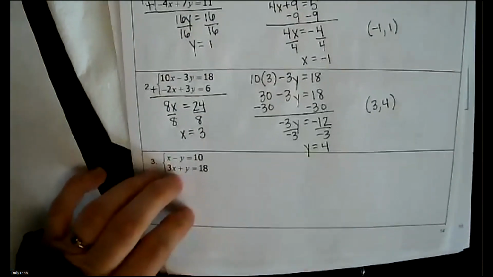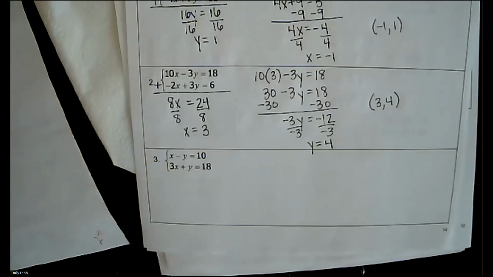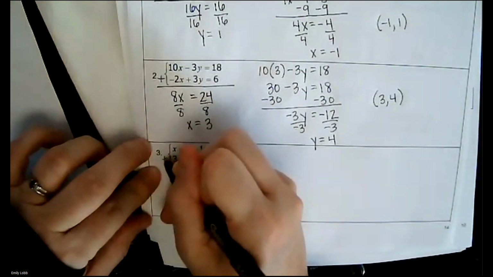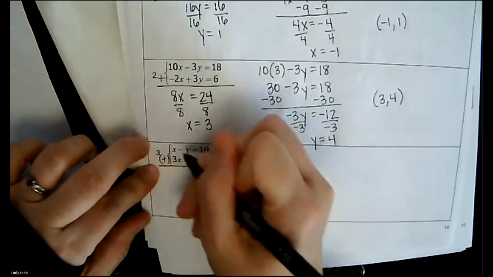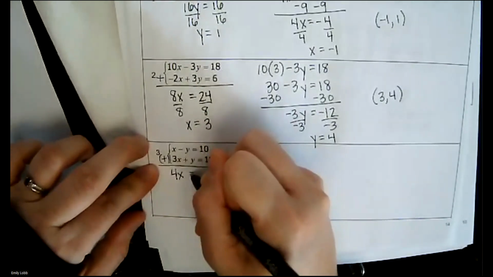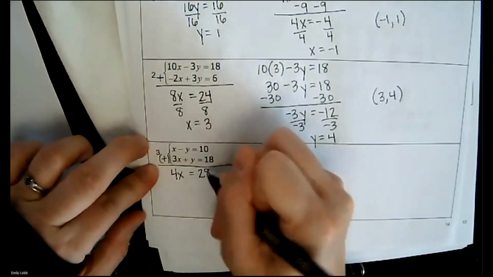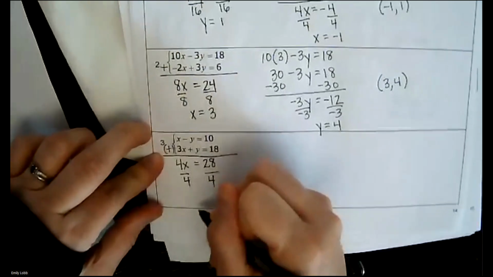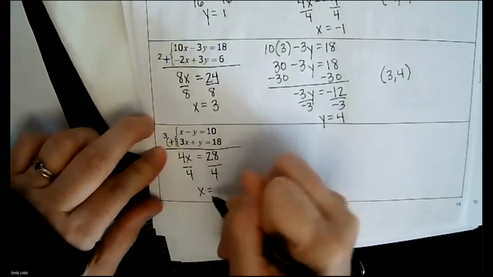When I'm looking at number 3, I notice y's are equal and opposite, so I'm still going to just add. 3x and x make 4x. My y's get canceled out. 10 and 18 is 28. Divide both sides by 4. So x is equal to 7.